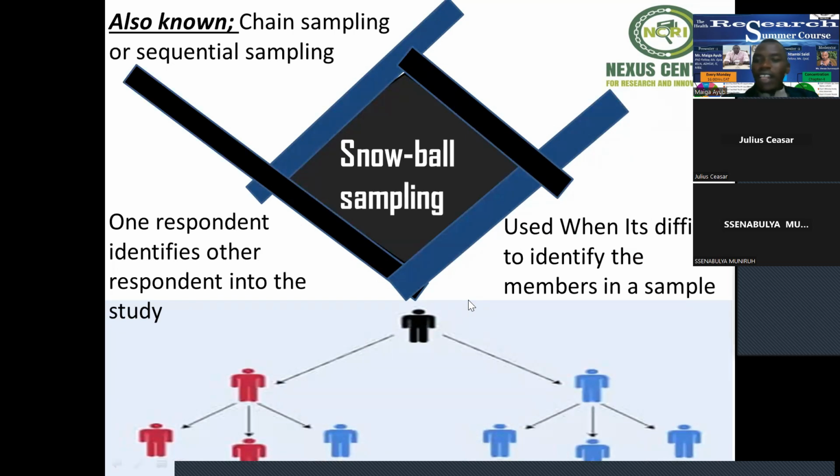Like if an HIV youth is taking medicine from here, that youth usually tries to connect with other youth so that this other youth probably is not stigmatized, something like that. So when you're doing such a study, you may identify only one participant, and this participant can connect you to other respondents for your study. So that is called snowball sampling.